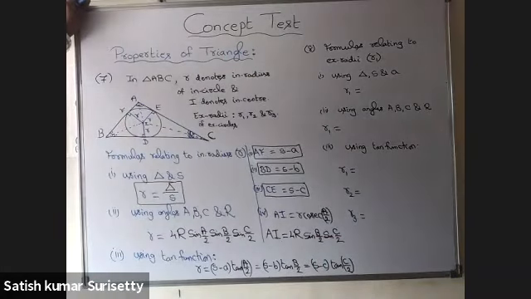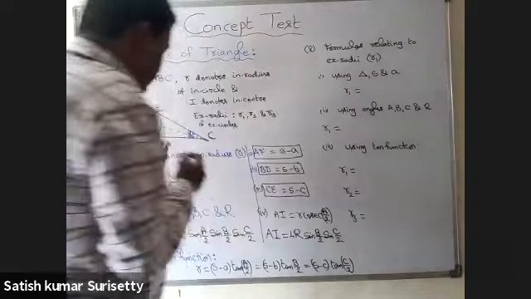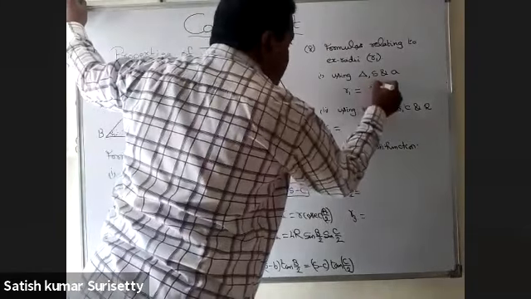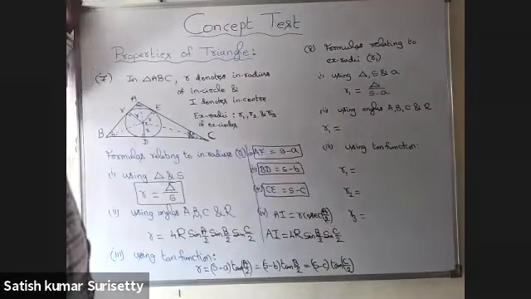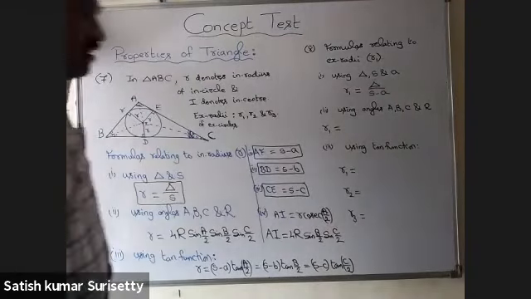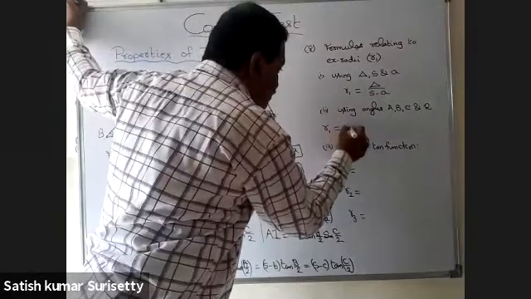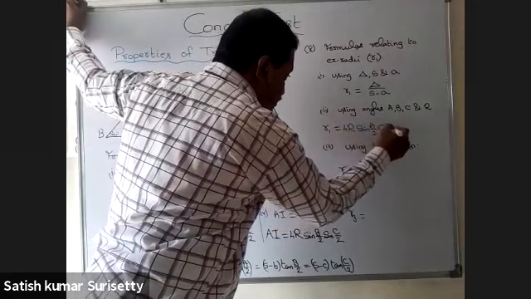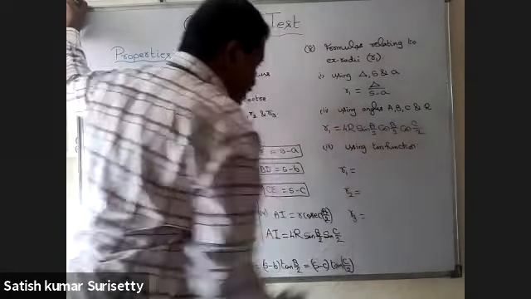Next, formulas relating to the exradii. r1 equal to delta upon (s minus a). Next, r1 formula in terms of the angles: 4R sin A by 2 cos B by 2 cos C by 2.